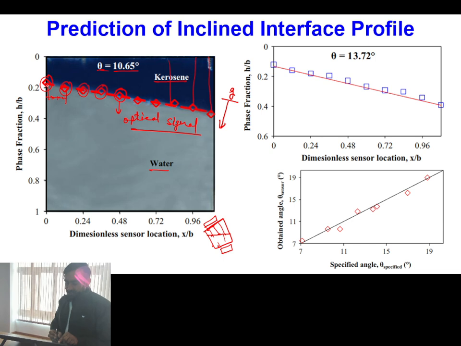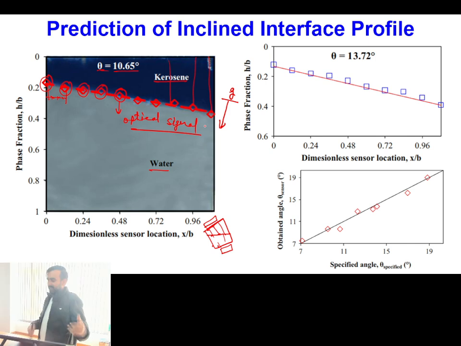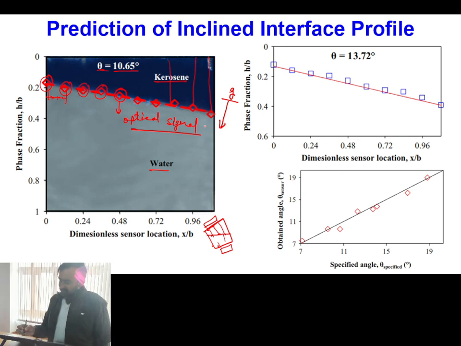Over here for these 10 sensors, I have fitted a straight line using the best fit curve, and this straight line is matching well with the photograph captured with the camera from the side. This signal is also shown for another angle of 13.72 degrees.